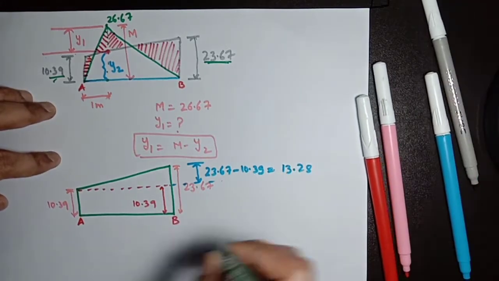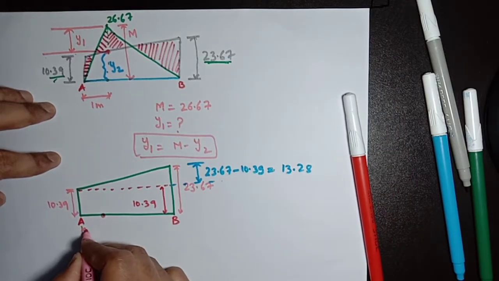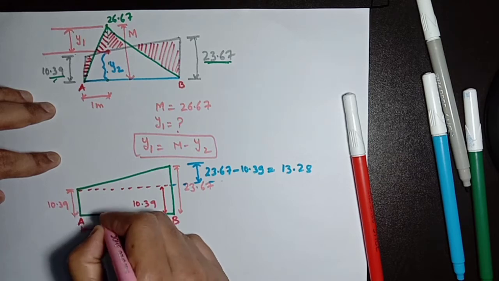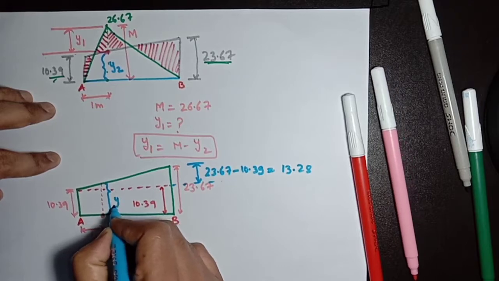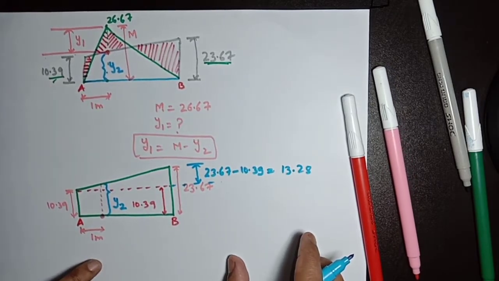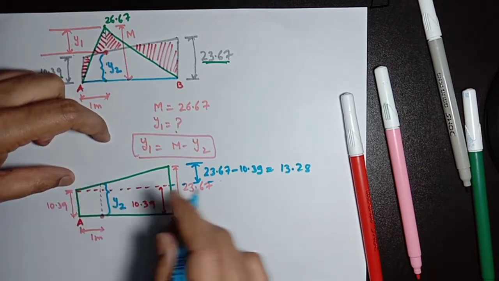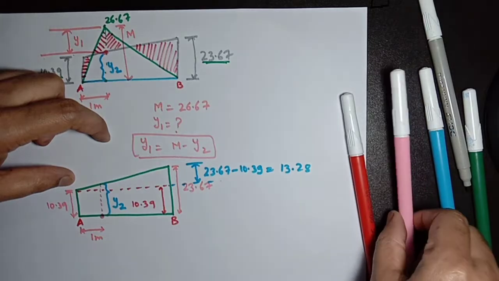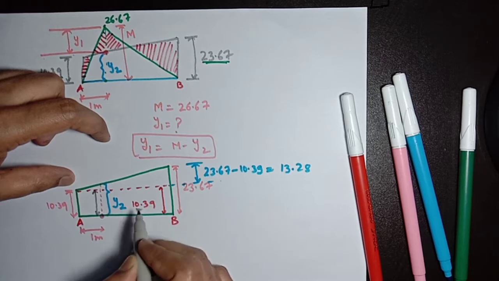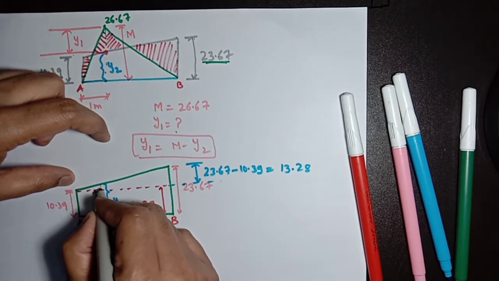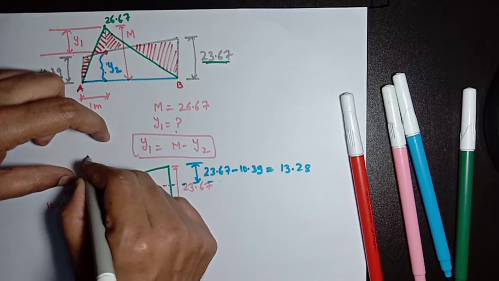Now at a distance of 1 meter from here, we need to find a value. This is the value of y2. We need to find out this value for y2. Now we know this value is 10.39, and suppose if we are able to find this value, let's suppose this is y3.